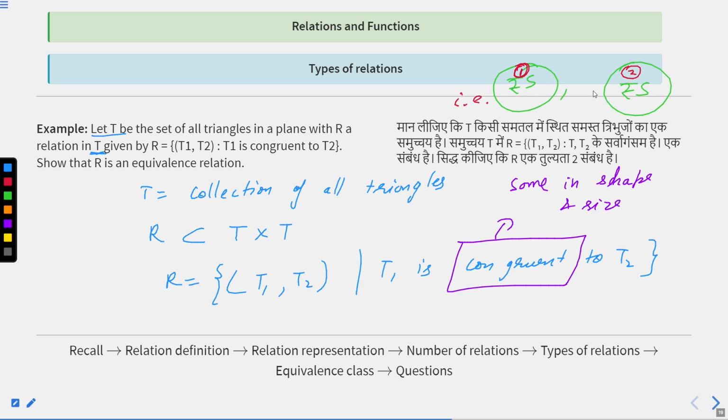So this means that they must be the same. That's why they can easily hide each other. So congruent means same in shape and size. Okay, I hope that it is clear.